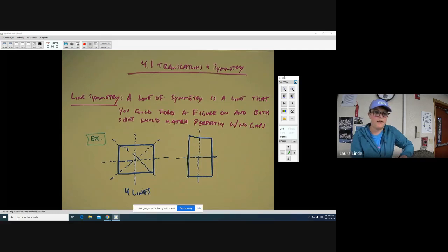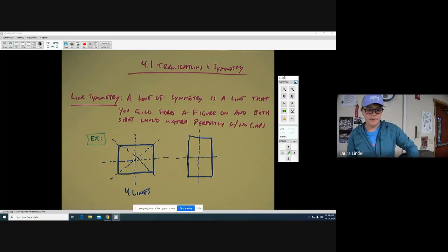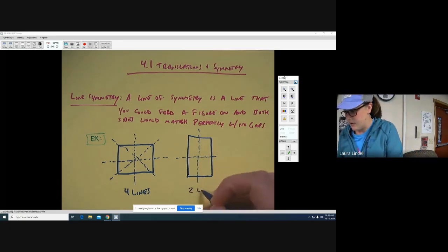No. Yeah, if I take this paper, this is a rectangle, right? If I try to fold it corner to corner, something like that happens, where we end up with this gap over here that's not matching. So that's a problem. So rectangles only have 2 lines of symmetry.